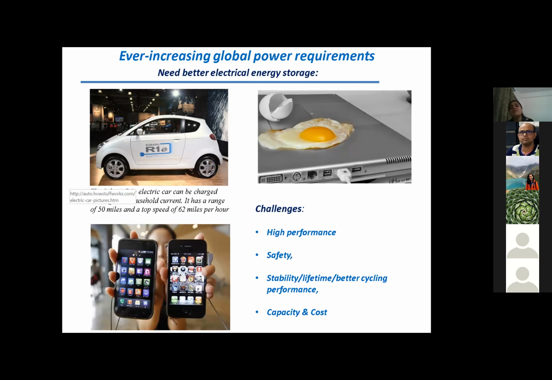High is again a relative term, because whatever our requirement, we need more performance. The safety issue is always there, because the lithium ion battery is the most commonly used battery system in the energy storage field, but the safety issue is major. We can't avoid that. And then again the lifetime, better cycling stability, and finally the cost and capacity.